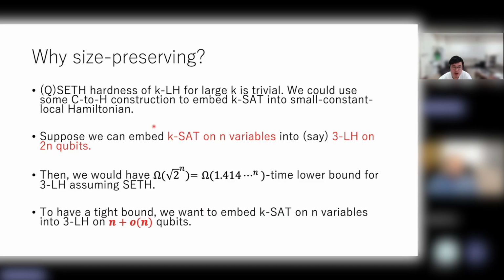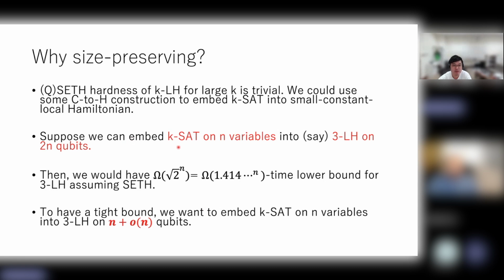And to have a non-trivial result or better results, our strategy is to use the Circuit-to-Hamiltonian construction to embed QSETH into some small constant-local Hamiltonian. However, there are some issues.